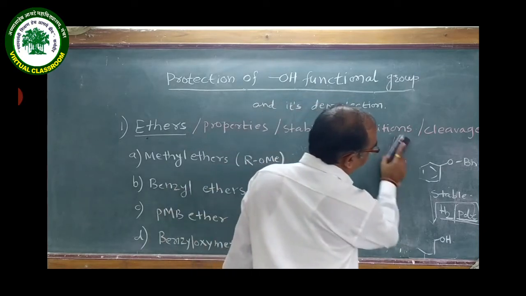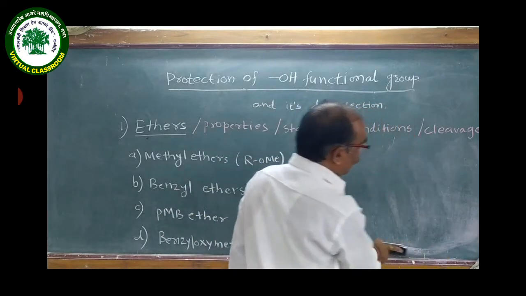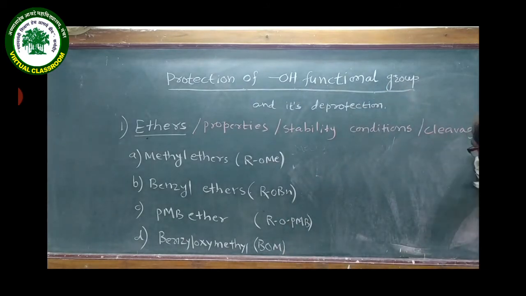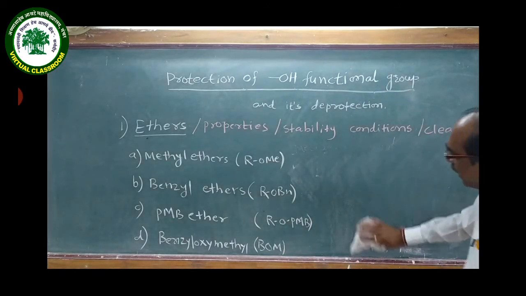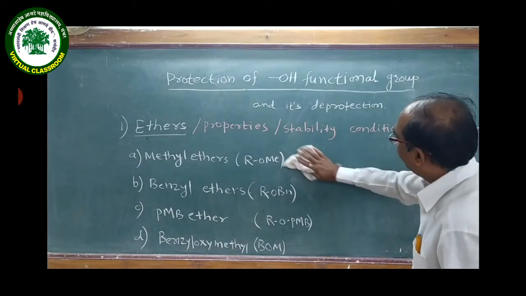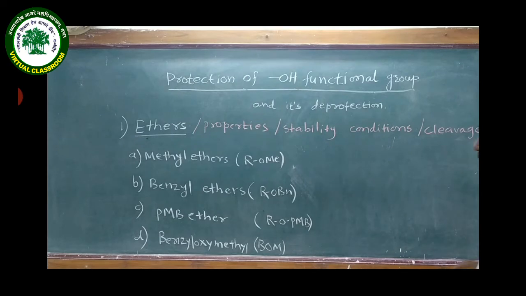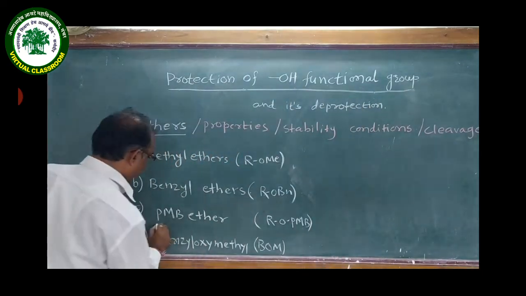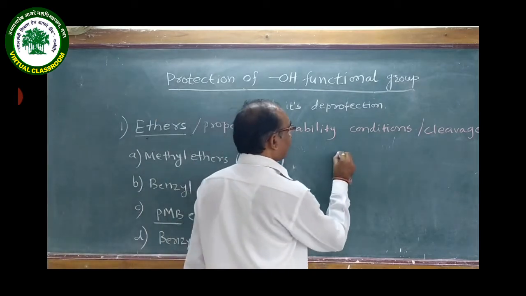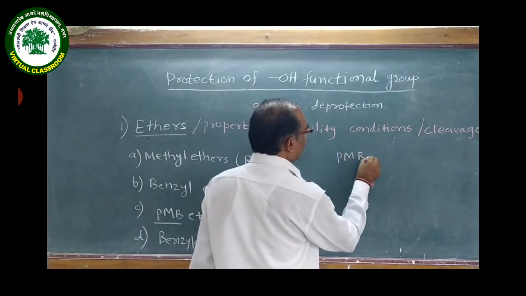PMB, it is a very interesting protecting group, and most of the time people use this protecting group because it has advantages over the other functional group protecting reagents. First we understand what is meant by PMB.